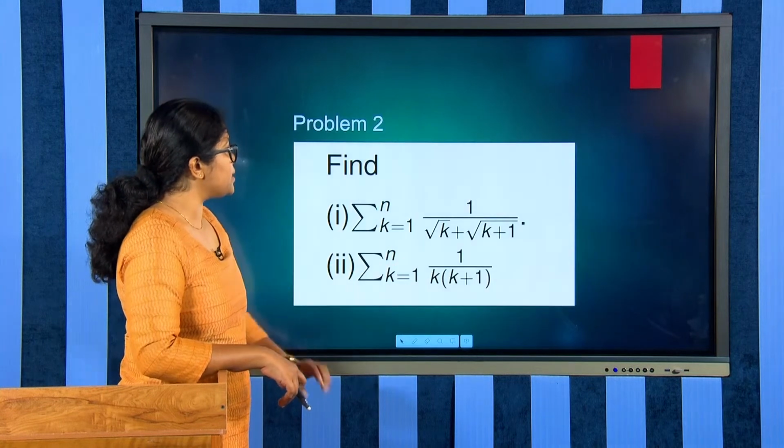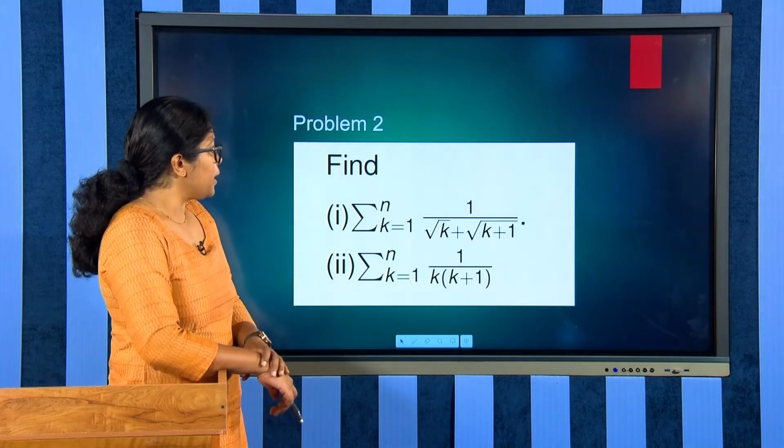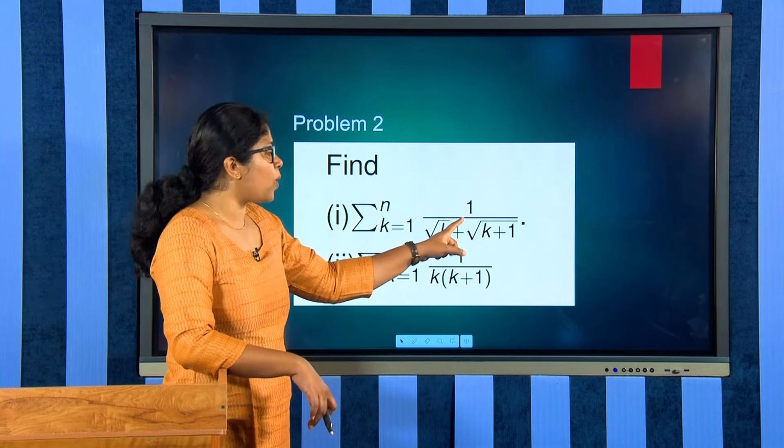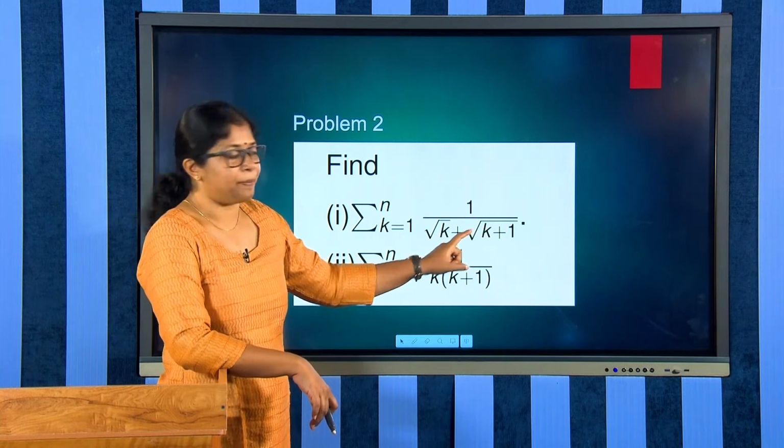So, we can see some examples of telescopic series. First we will do this one, summation k equal to 1 to n of 1 upon root k plus root k plus 1.